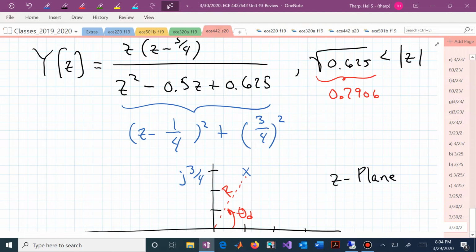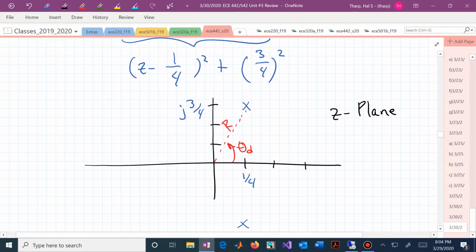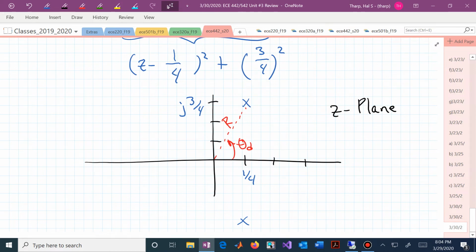And in this parameterized form of the quadratic, you can explicitly see that the real part is 1/4, and for the imaginary part, you have one above the real axis and one below.